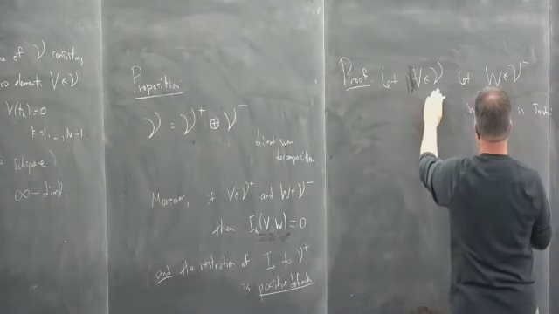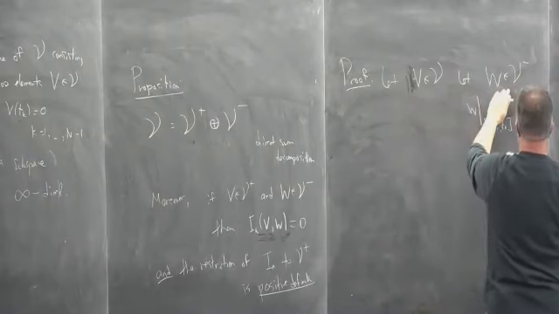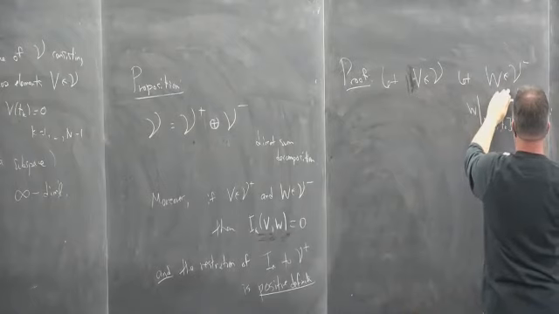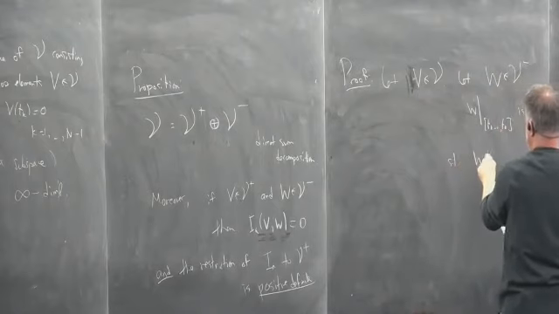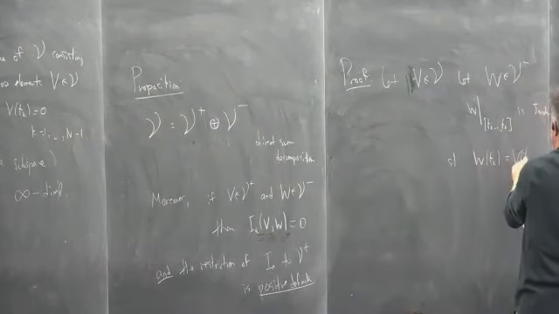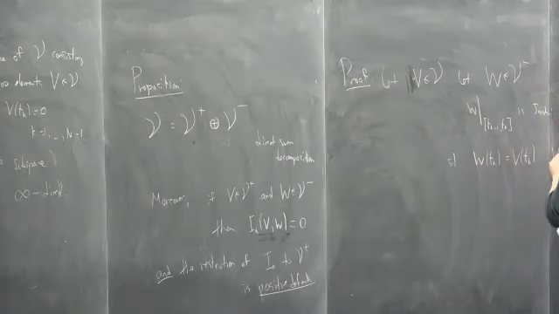Sorry, let V be in script V and let W be in V minus such that W(t_k) equals V(t_k) for all k equals 1 up to n minus 1.